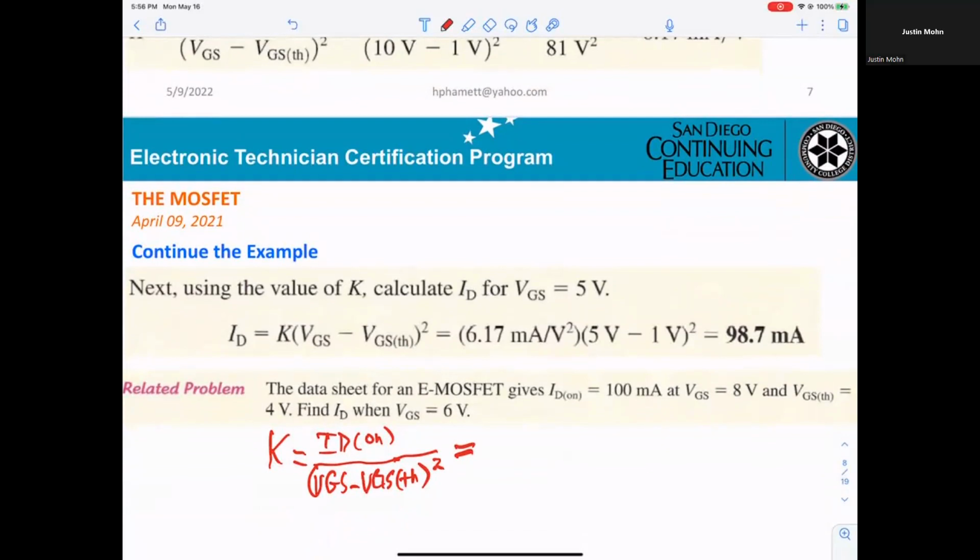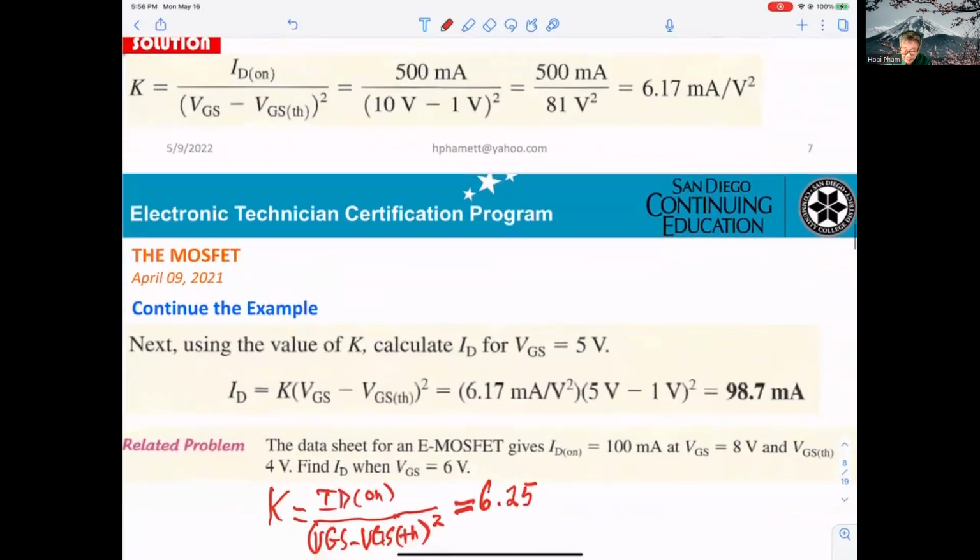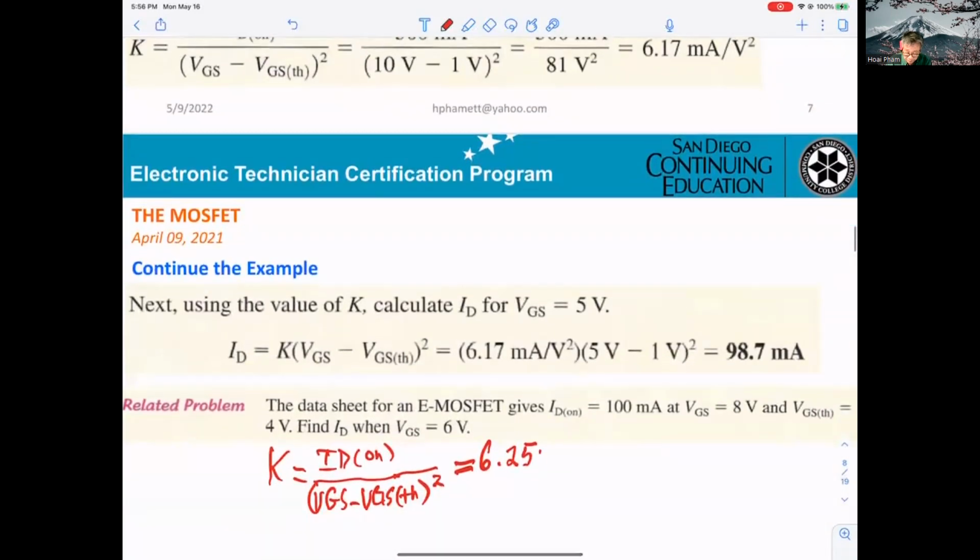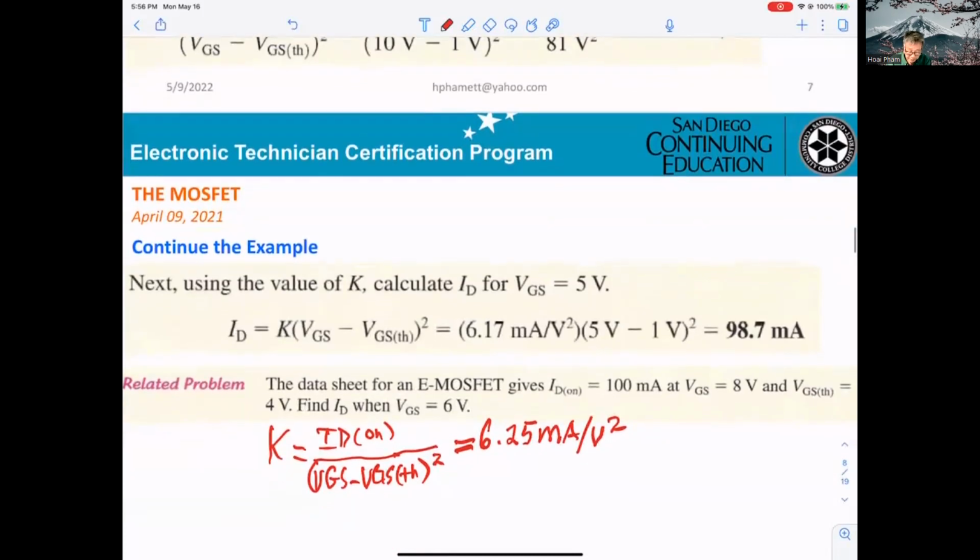6.25. Is it correct? 6.25. What's the unit? Milliamp, correct, milliamp per V squared. And then you can calculate the ID.